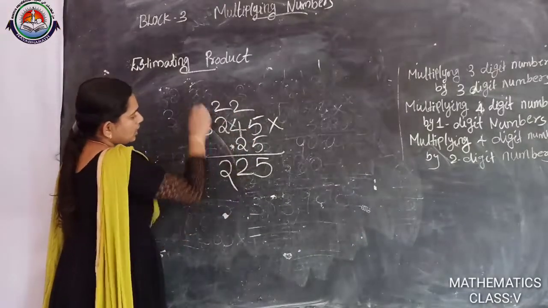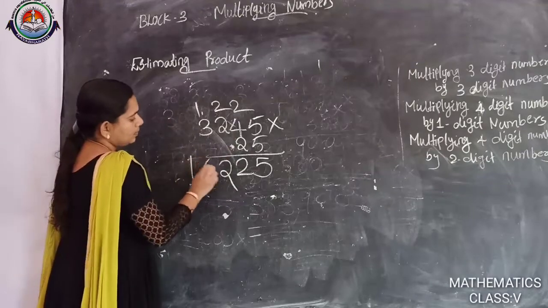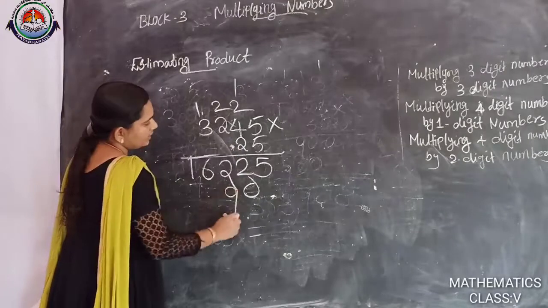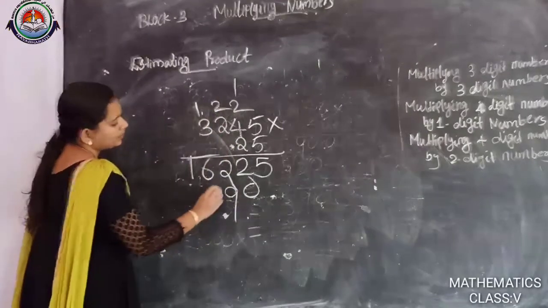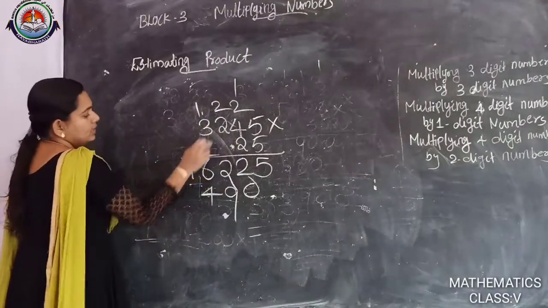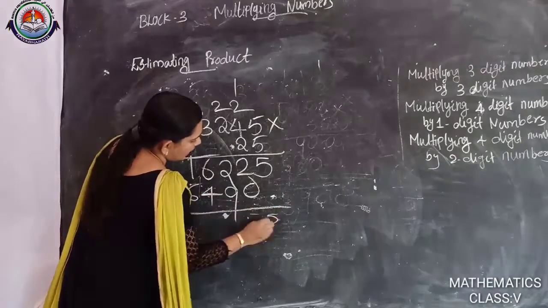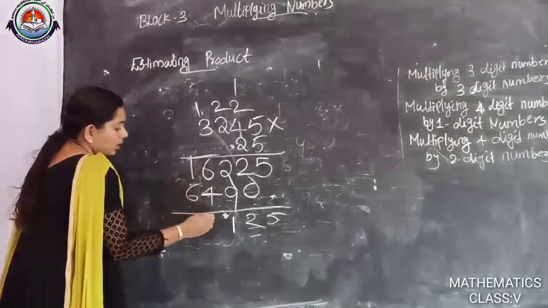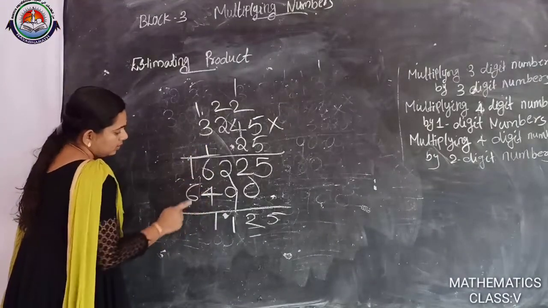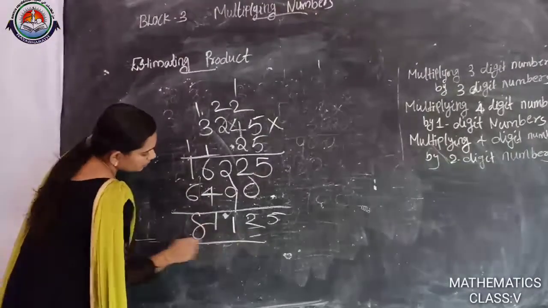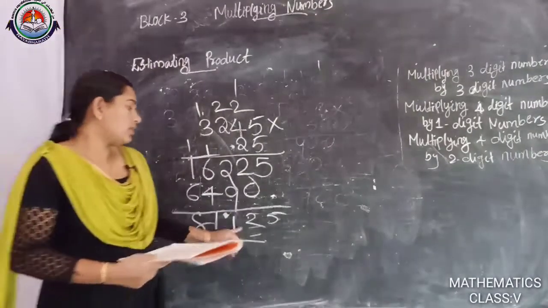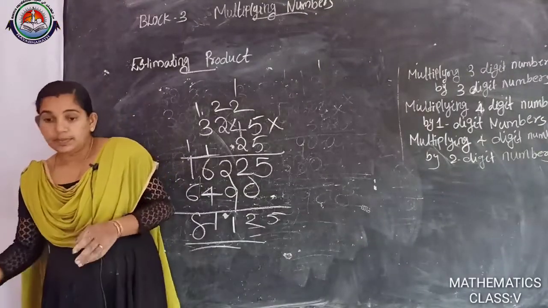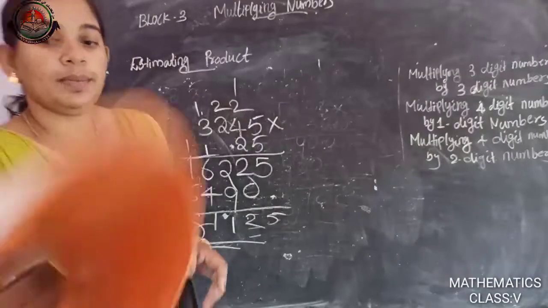Then the next row, and adding, we get 81,125 toys are made. Next, in the workbook, some problems are also there.